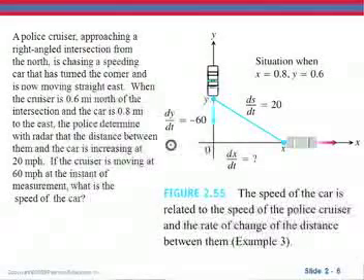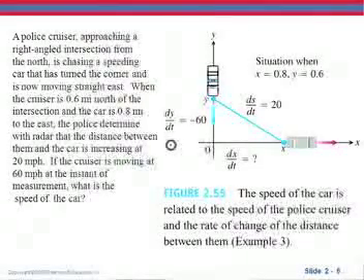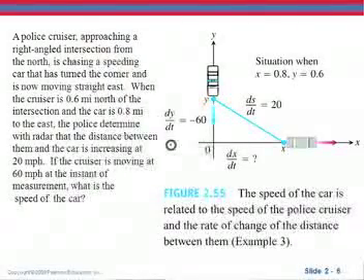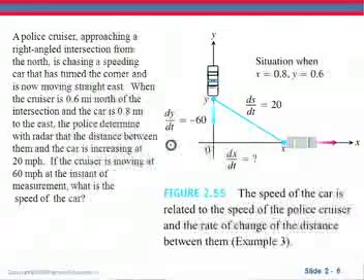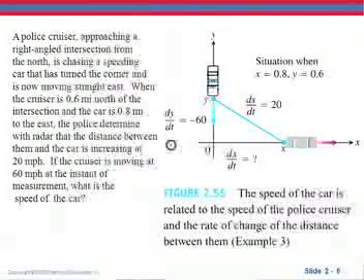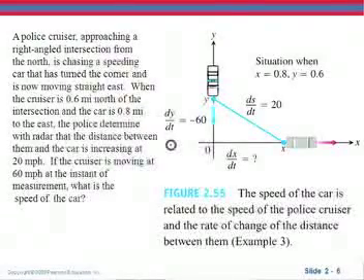We also know that the change in s with respect to time is 20. The distance between the two cars is increasing at a rate of 20 miles per hour. And what we need to know is dx/dt. We need to know the change in the rate of x, or the speed of the car that the police are chasing.